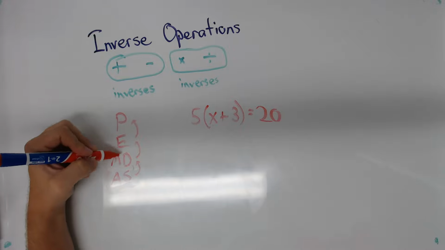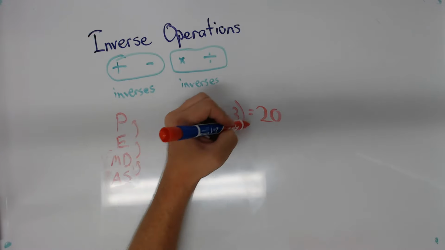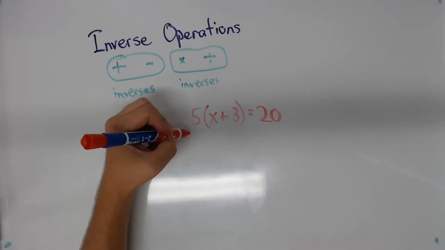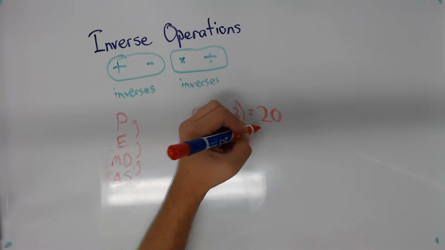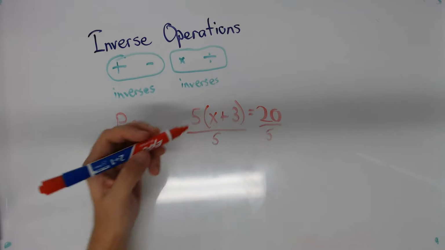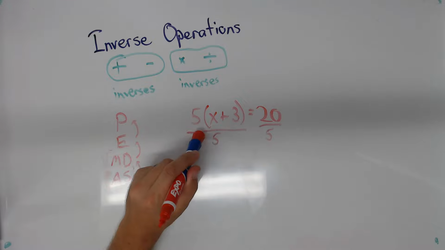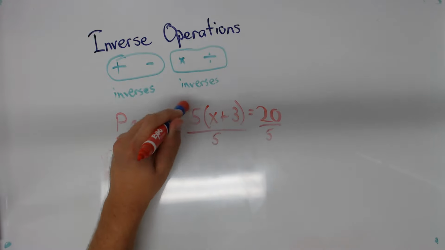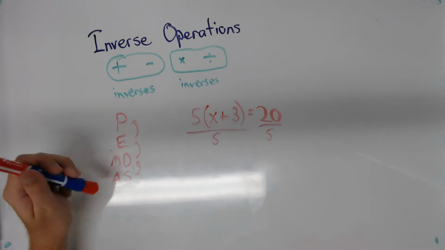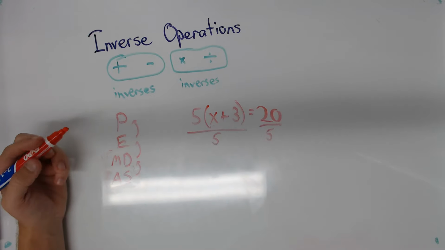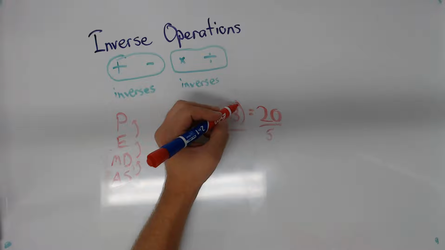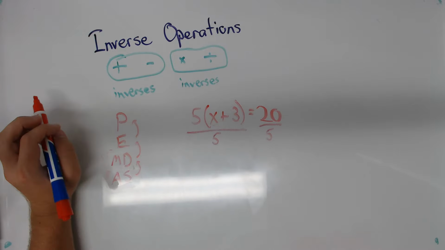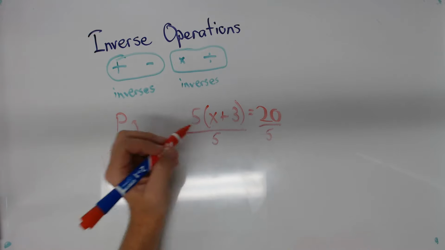Multiplication or division: is there anything on this side of the problem that's appropriate to divide? Yep, we can divide a 5. Earlier when I said we have to divide every single term, this is actually all just one term. We'll talk more explicitly in the future about the difference between terms and the different layers of an equation, like inside the parentheses here, but this is a good time to divide by 5.